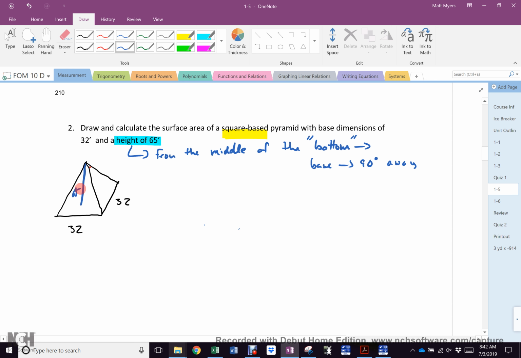Okay, so let's talk about the surface area of this thing. What is this pyramid made of? What shape is the base of it? The base is the shape that repeats. The square repeats, because the square gets smaller and smaller and smaller, right? So we start with the square.